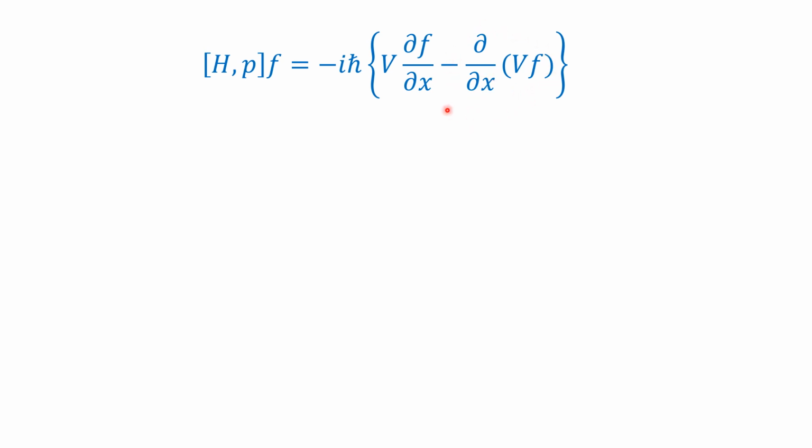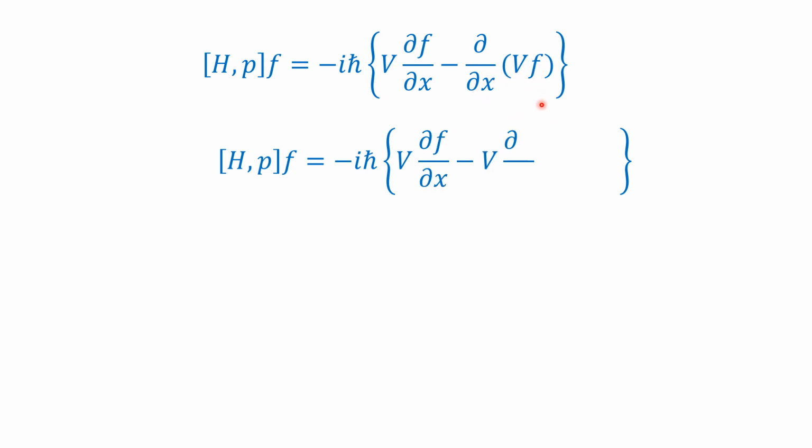In the second term, first you keep V as it is and differentiate f, so del f over del x. Next, you keep f as it is and differentiate V, so you get del V over del x times f.